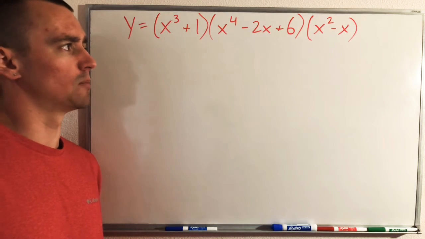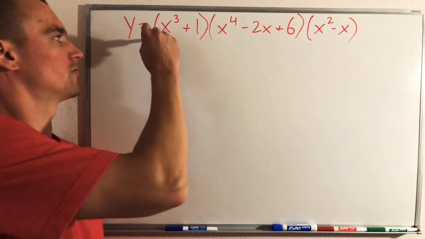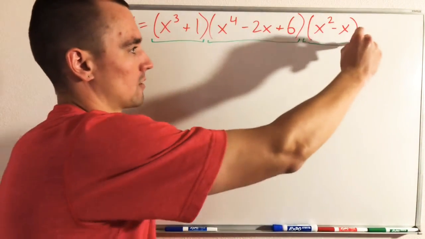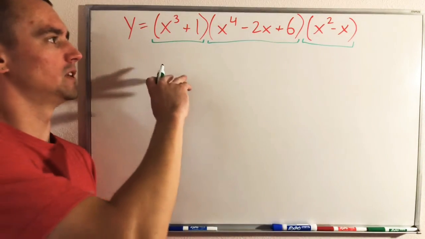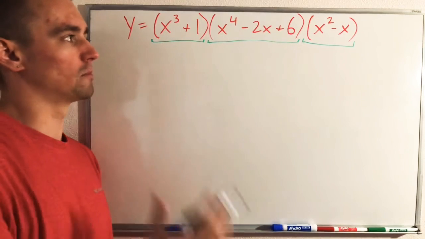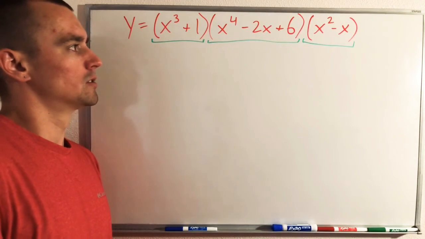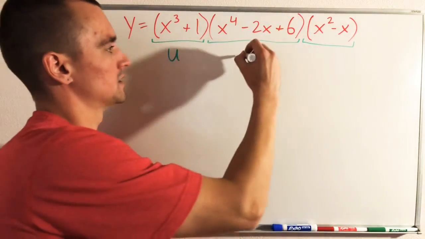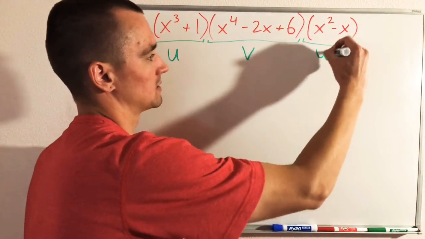It's the same idea, but in this case we have 3 different pieces being multiplied together, so we have 3 simpler functions that we can break this one big function down into. Let's call the first piece u, the next piece v, and this last piece w.